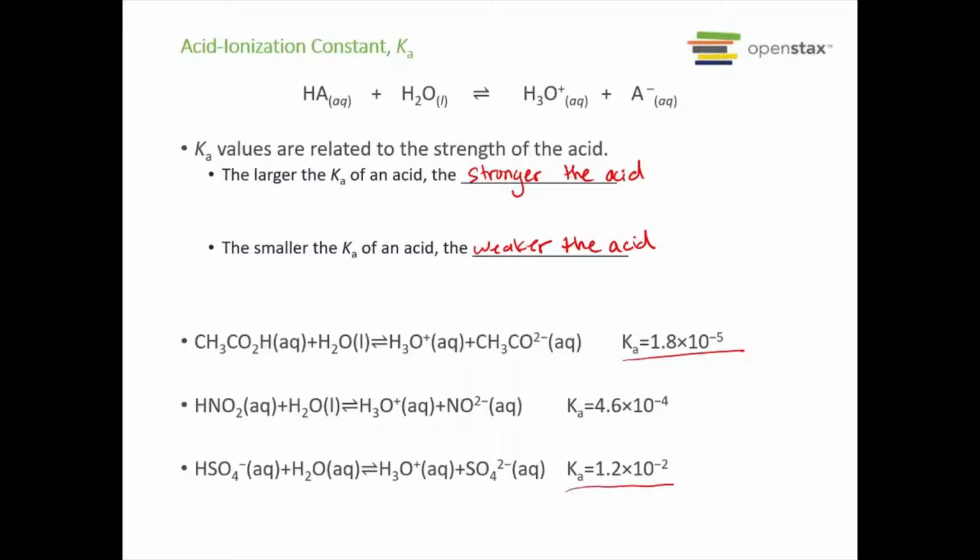So you can see these increasing, and you can also see how that Ka gives you an idea of how well something can ionize in water. So HSO4 minus, even though it's still a weak acid, is a stronger weak acid than CH3CO2H and HNO2.